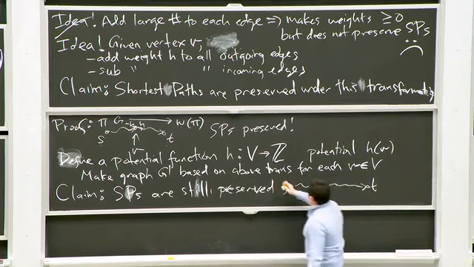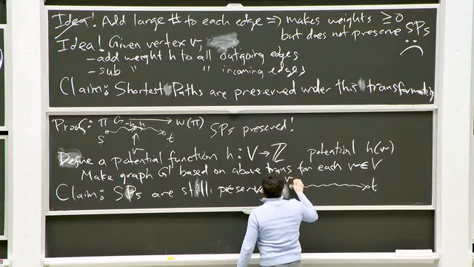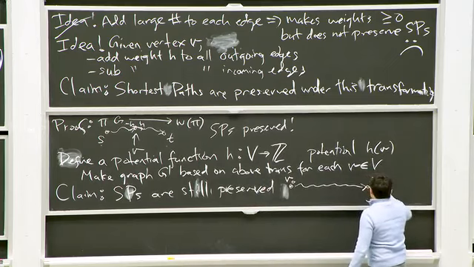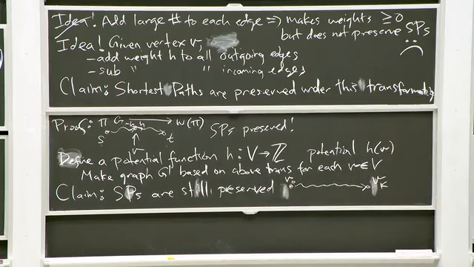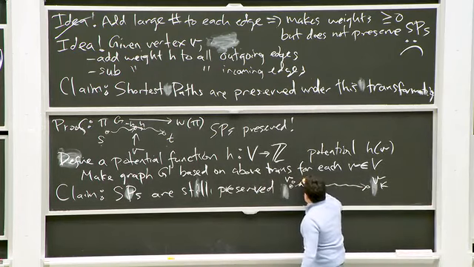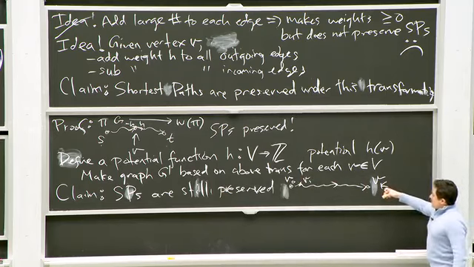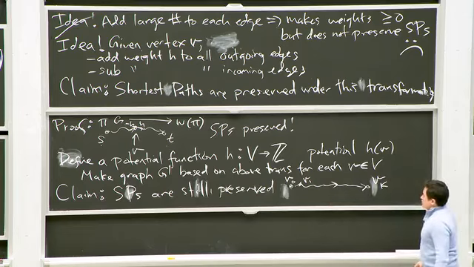I'm going to label these as V0 to VK so that I can kind of number them. This is V1 here. This is a directed path, okay? V1, 2, 3, 4, 5, all the way up to K. Okay, there are K edges in this graph, right?